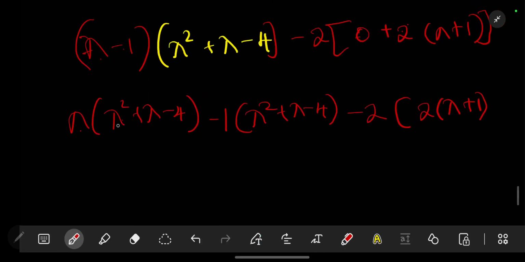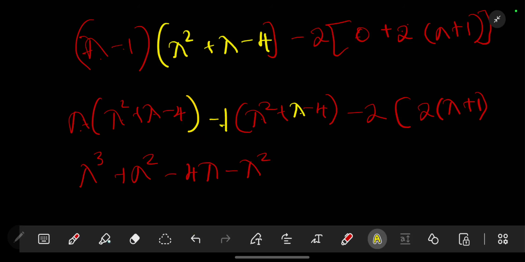So we have lambda by lambda is lambda to the third. Lambda by this is lambda squared. Lambda by 4 will be negative 4 lambda. Lambda by this will be negative lambda squared. This by this gives us a negative lambda.